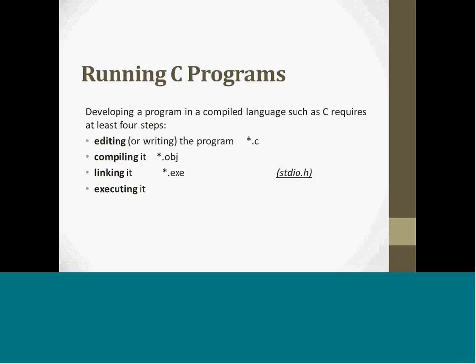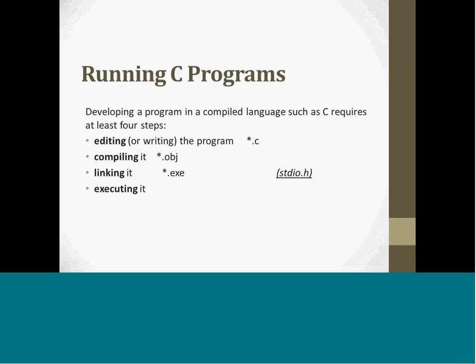After that, the next step is linking. Linking generates the executable file that you can run. Why is it necessary? Well, the main reason is that compiled languages like C come with many library routines and functions that you will need for the program, like the standard input-output library functions.